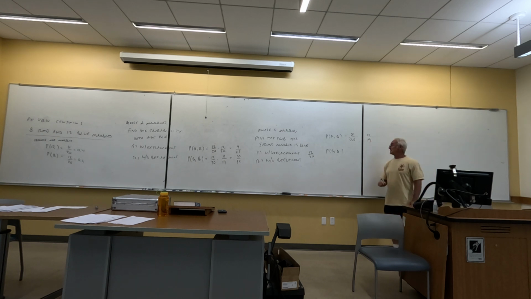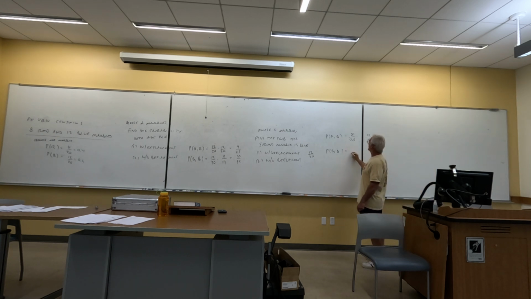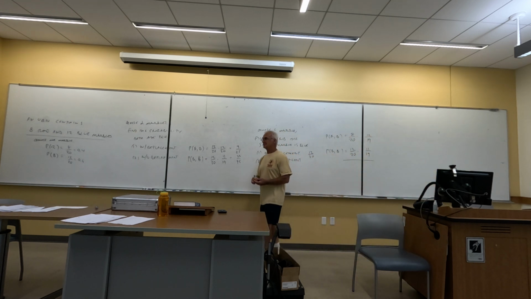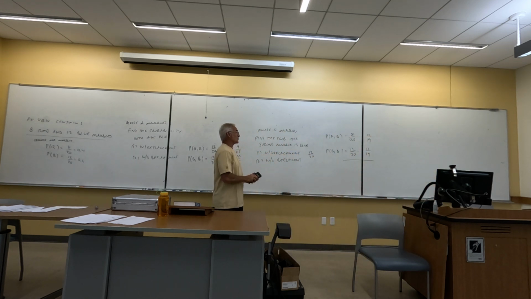Good, you guys caught that one. Second one. Blue, 12 over 20, 12/20ths times 11 over 19. Now let's add those up. You can use your fraction key.